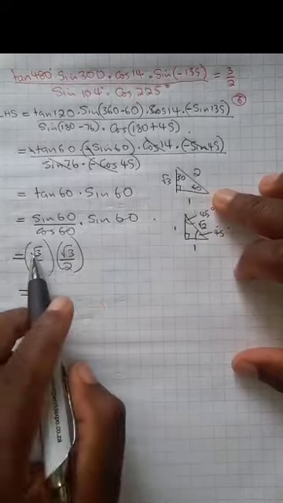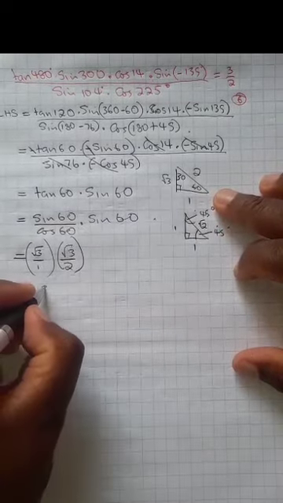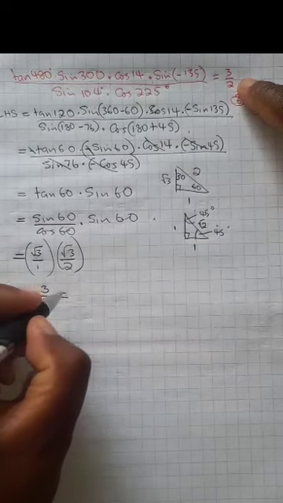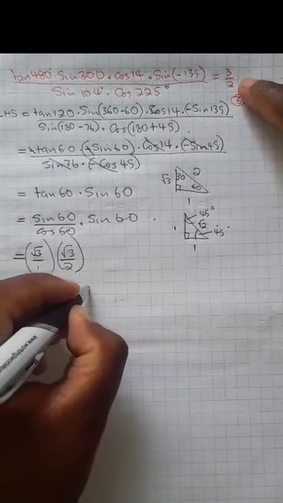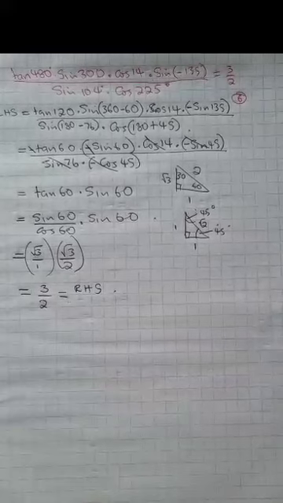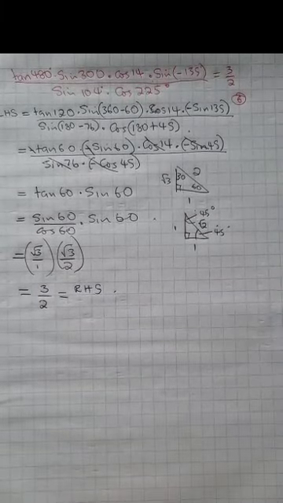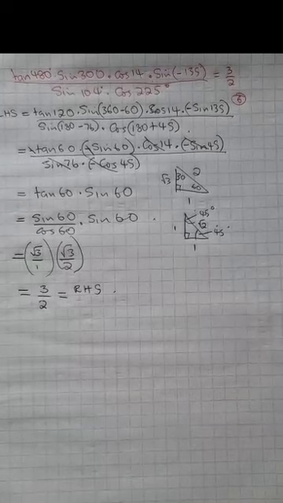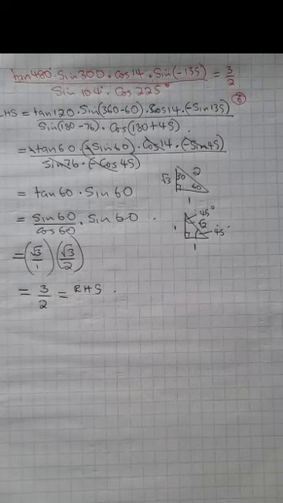And then root 3 times root 3 is 3 over 2, which is equal to our right hand side. All right.